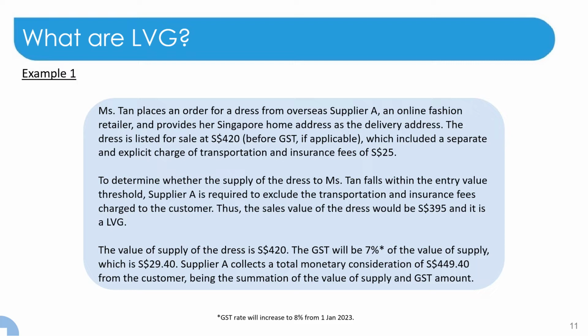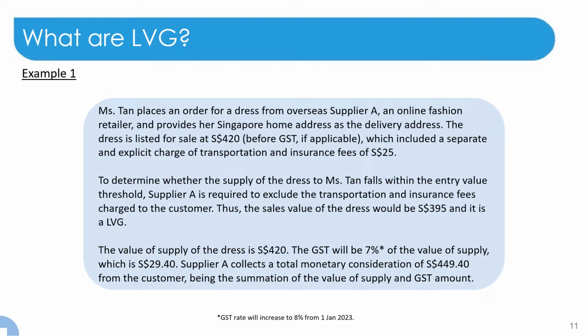To determine whether the supply of the dress falls within the entry value threshold to determine if it is LVG, supplier A is required to exclude the transportation and insurance fees charged to the customer. Thus, the sales value of the dress would be $395 and it is an LVG.